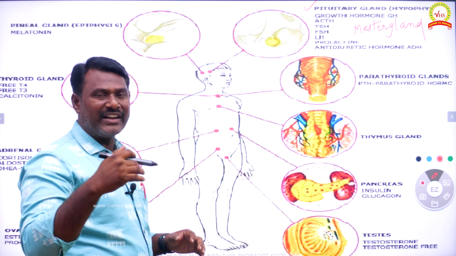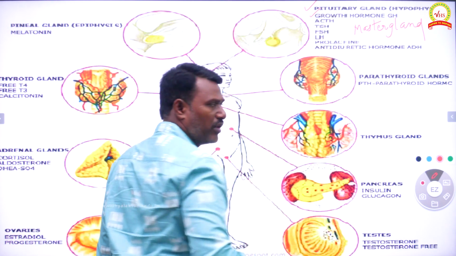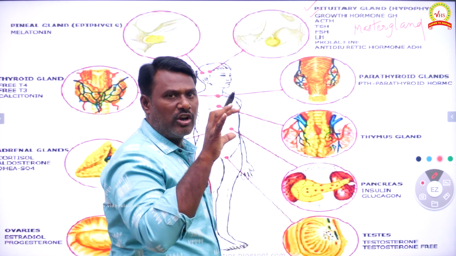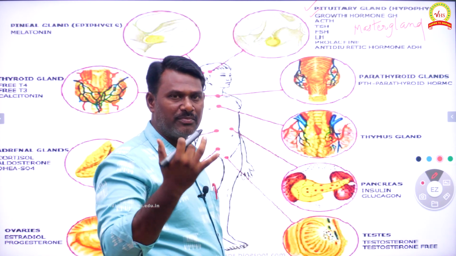The pituitary gland is responsible for producing different types of hormones, like growth hormone, which we discussed earlier. Growth hormone is responsible for the growth of a person, whether male or female.